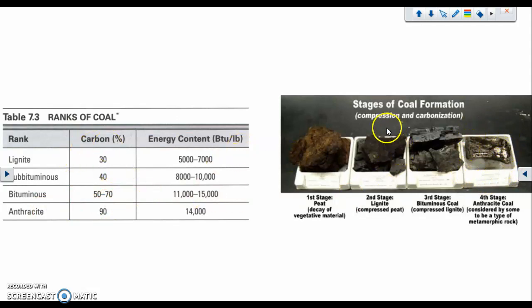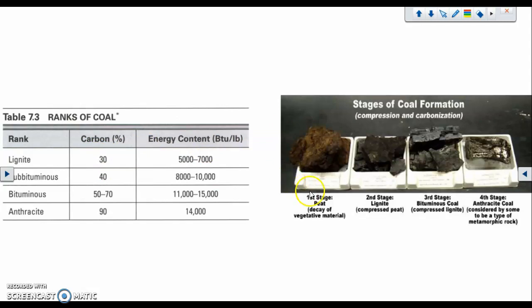And lignite, the first stage, actually they call it the second stage. I don't consider peat coal yet, coal actually starts in this one. This has only 30% carbon. Obviously, peat also has less than 30% carbon.